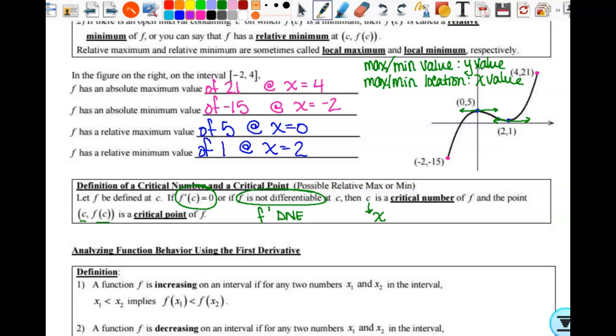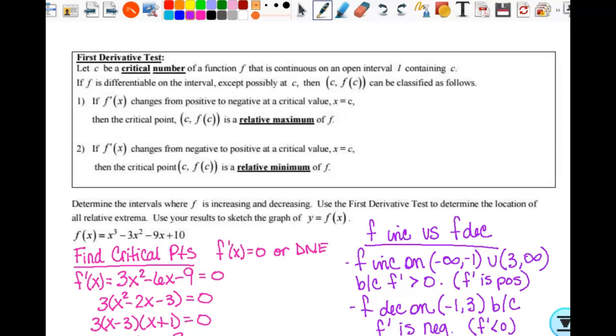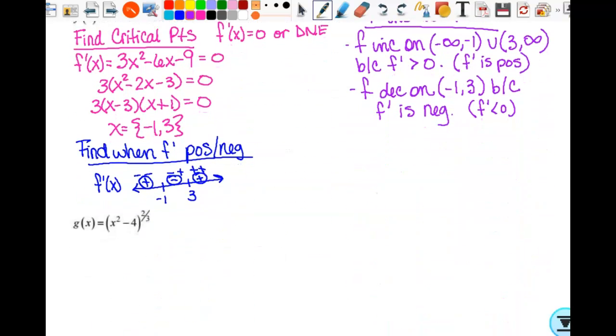And the slope of the tangent line comes from what? The derivative, from f prime. So this is when f prime equals 0, when you have a maximum or a minimum. So do I know on here when f prime is 0? Yes, I found that, right? It's right here. So is that where I have relative maximums? Does that make sense?